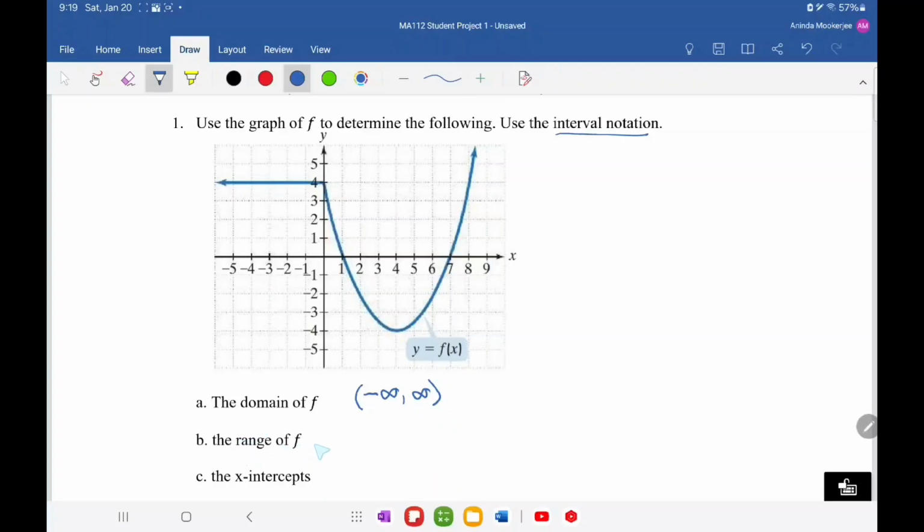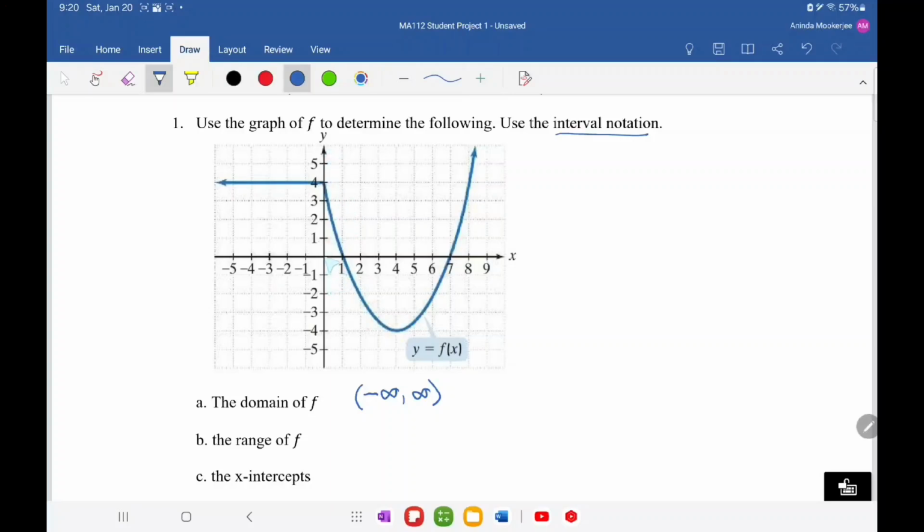The range of f means what are the possible y values that can be obtained from it. So for the range, it's the y values, so let's look on the y-axis. On the positive y-axis, the graph keeps going and going, as far as it can stretch upwards.